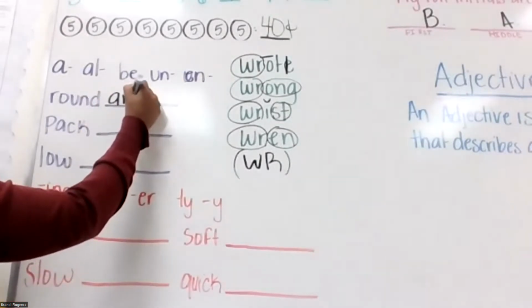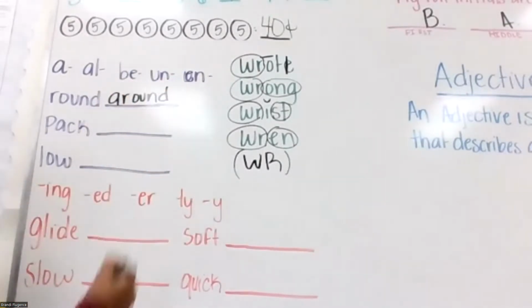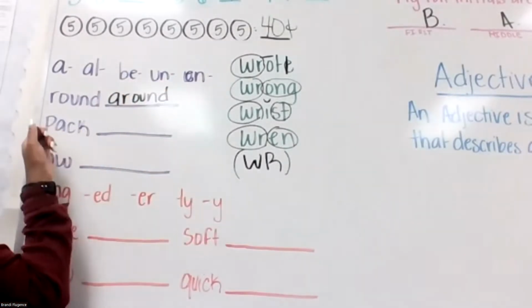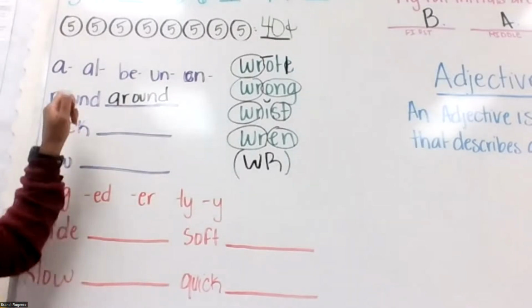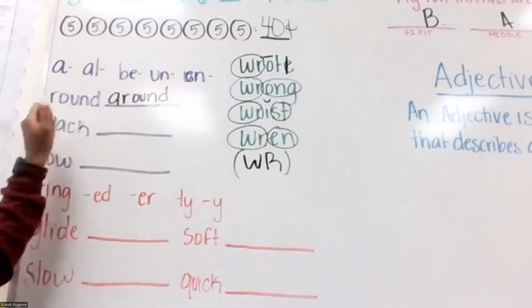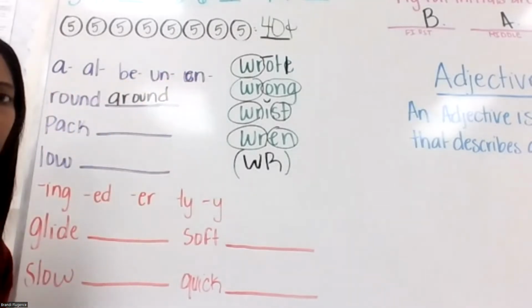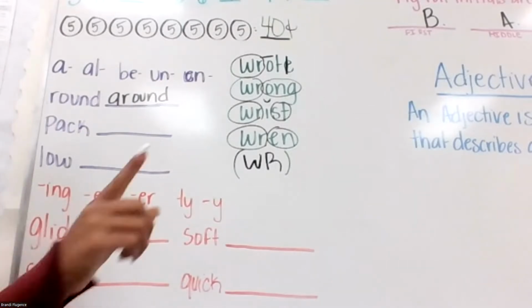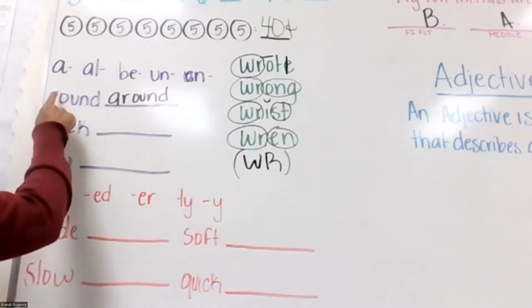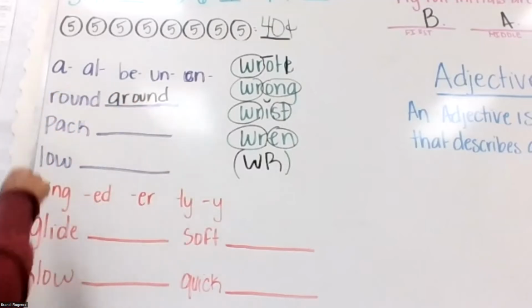So A, around. Okay, Avaya, what about pack? Pack is my root word. Which one of my prefixes can I put in front of pack to make a new word? A prefix has to go before pack. So one of these, it has to go before pack.